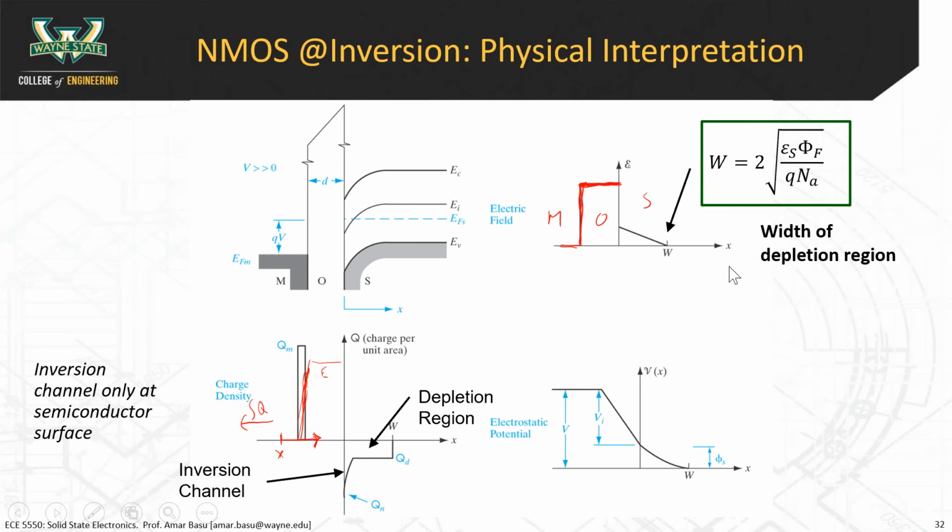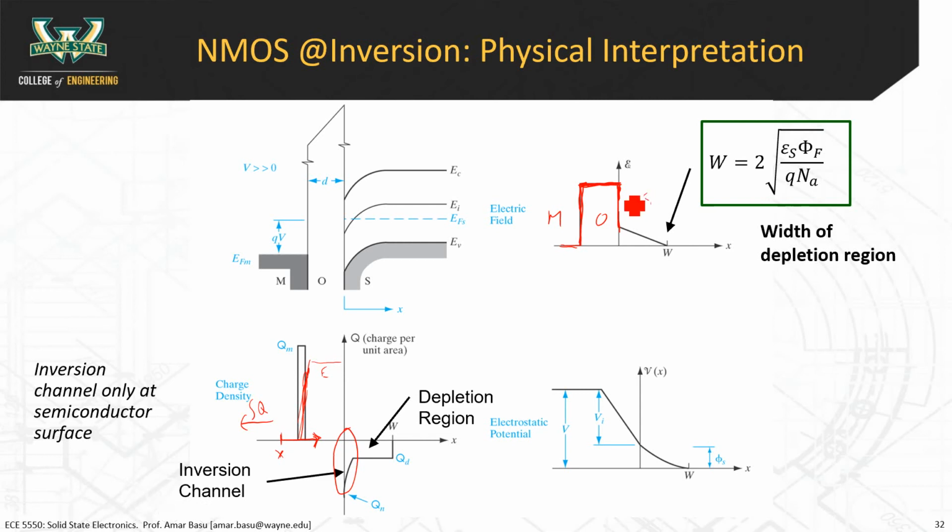Now, on the other side, the first interesting feature you'll notice is that the electric field drops suddenly here. The reason it drops suddenly is because of this inversion channel, here on the left. Wherever you have this positive charge, the positive charge increases the electric field, and the negative charge puts the electric field in the opposite direction.